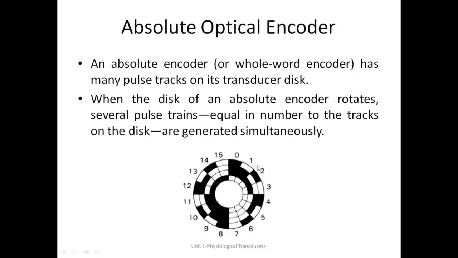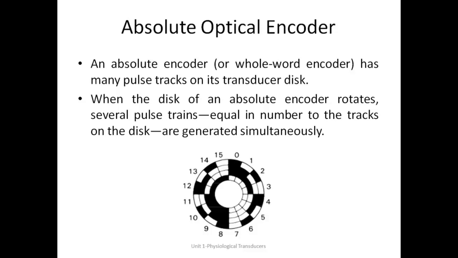The other thing could be, suppose at the output you are getting 1111. On the disk, all ones corresponds to slot number 7. So we come to know that the disk has made an angular movement from position 0 to position number 7.